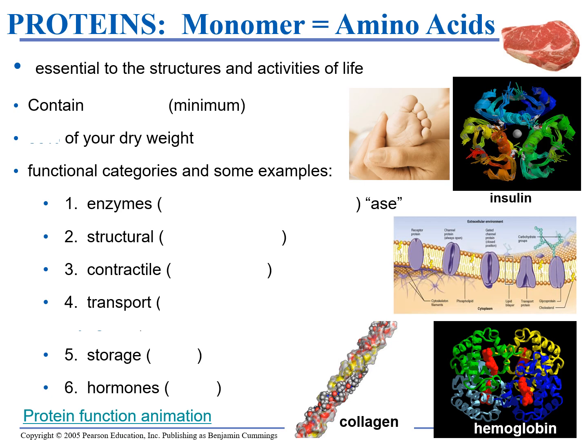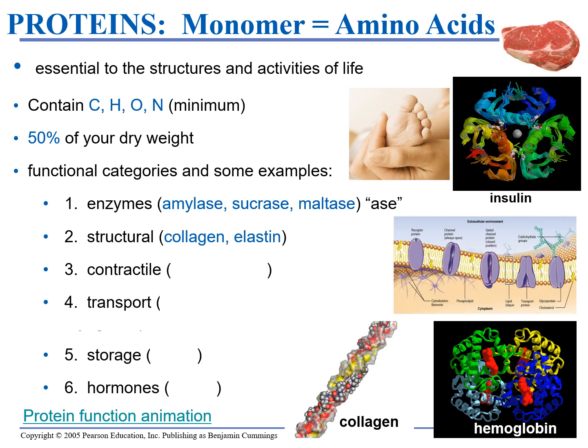They contain carbon, hydrogen, oxygen, and nitrogen, and they're 50% of your dry weight. So some examples of these are enzymes like amylase, sucrase, and maltase. Others are structural functions. So these are collagen and elastin.